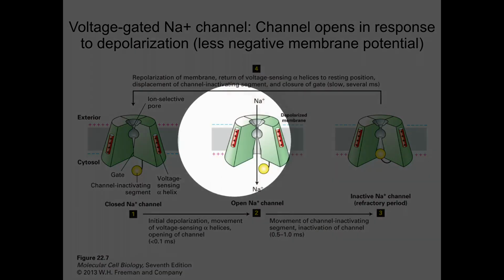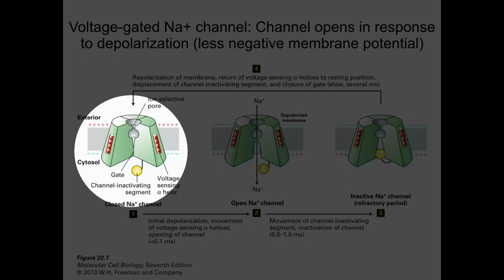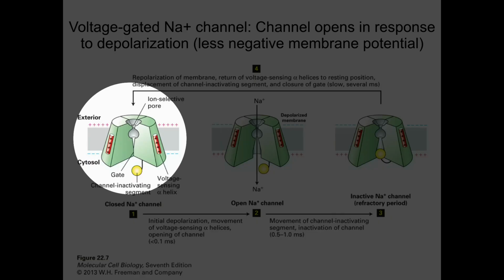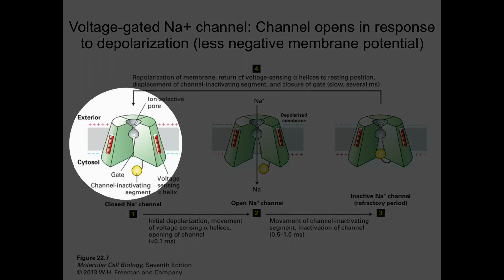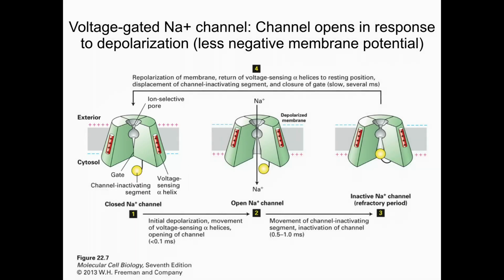This is a voltage-gated sodium channel here, and you can see in the resting state of the cell, this channel is closed, and it's closed because of this red rod structure that's positively charged. That's a positively charged alpha helix that is a part of this protein and is embedded in the membrane. But this alpha helix is positioned down towards the cytoplasm because it's positively charged, and the cytosolic face of the plasma membrane is negatively charged, okay?